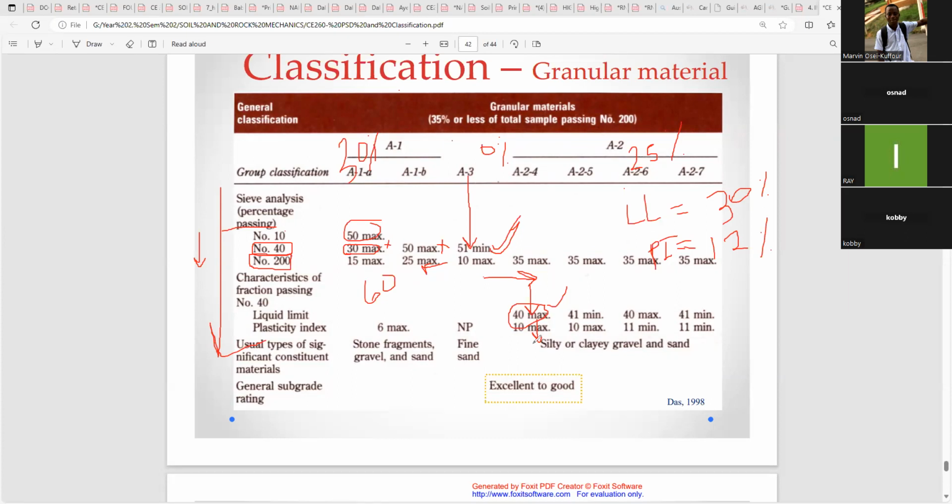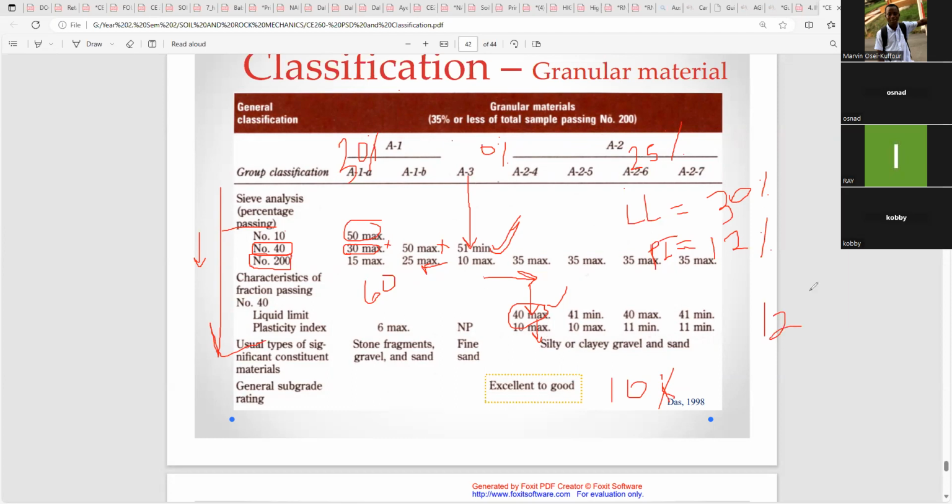Are you sure? Yes, sir. Under this family, it is allowing 10% maximum. Like the maximum of plasticity index should be 10%. And here is the case that we have our plasticity index to be 12%.